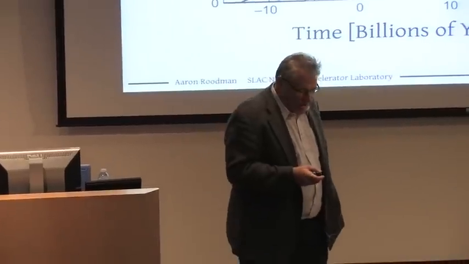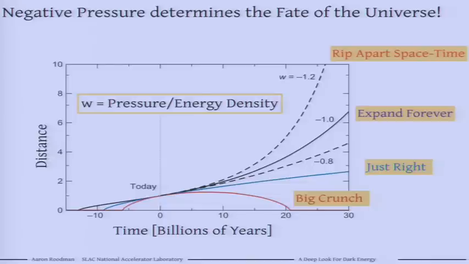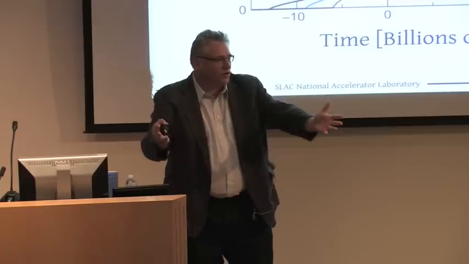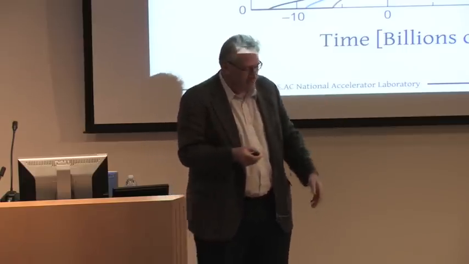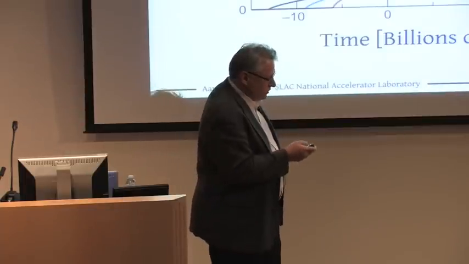So it's not just, the future, if it were -1 exactly, is also kind of grim. Eventually, you would not be able to observe other galaxies. The other galaxies would have accelerated so far away that you could no longer see them. Eventually, perhaps the galaxy itself would be pulled apart.